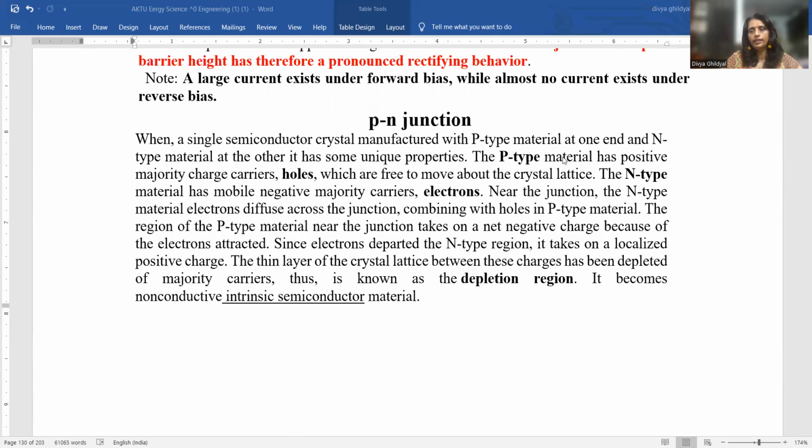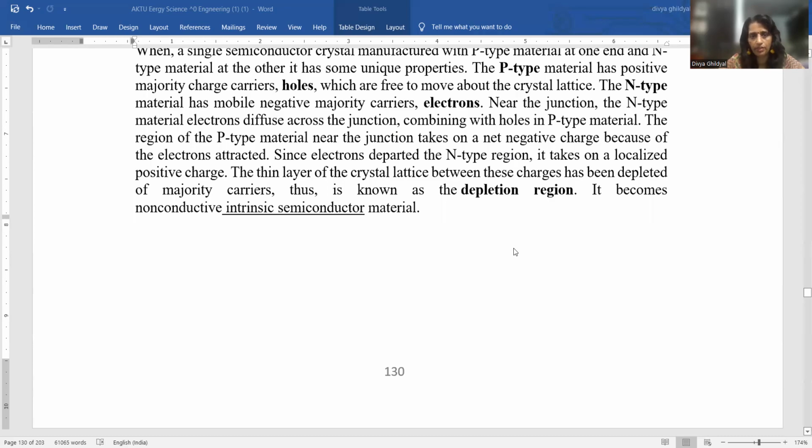When I join a p-type material of holes with n-type material of electrons, what happens is that holes are positive, electrons are negative. Immediately they both will get attracted towards each other, and the electrons will depart from the N region and the holes from the P region.